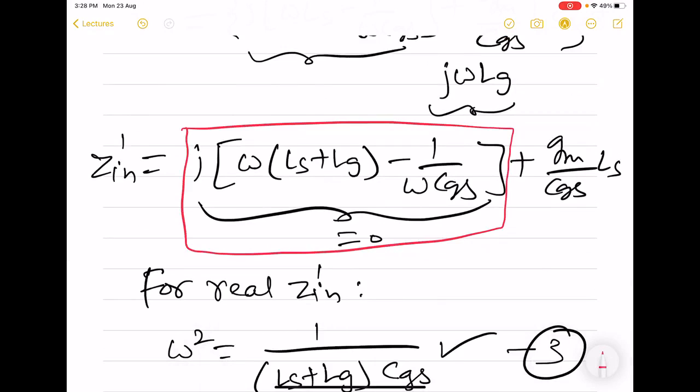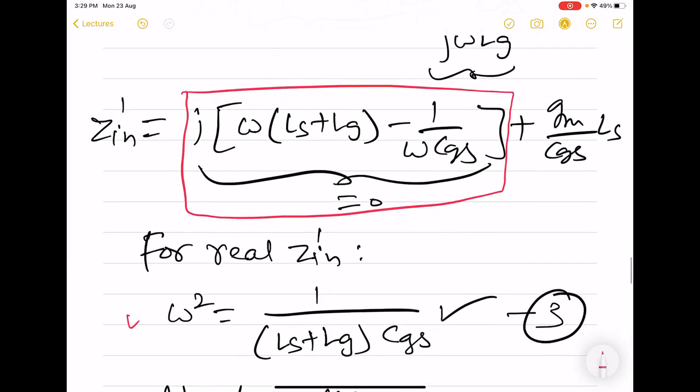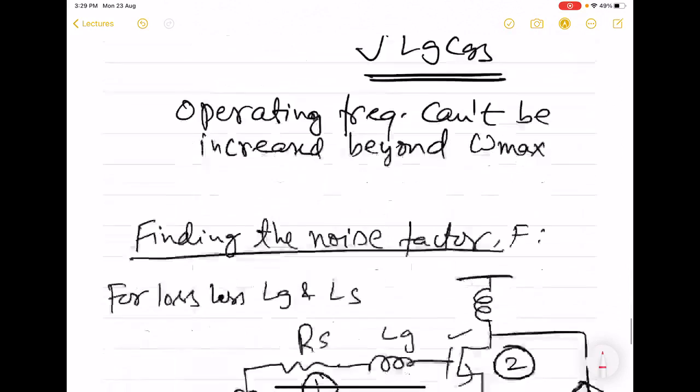So this circuit has to be used only at this frequency. That means at this frequency, we will have this condition fulfilled. So this, let us say auxiliary equation, say 5, will help us reduce the effort involved in finding out the noise factor.